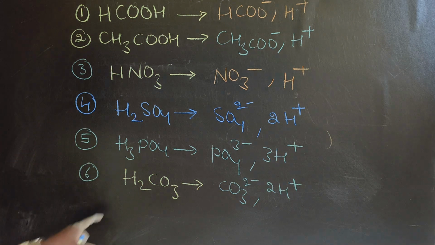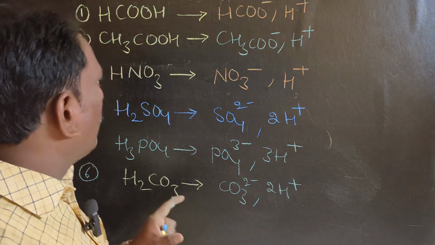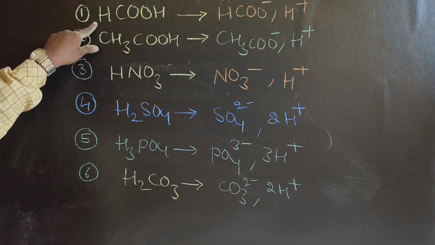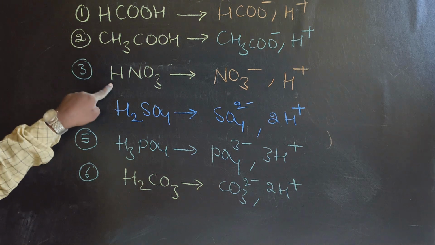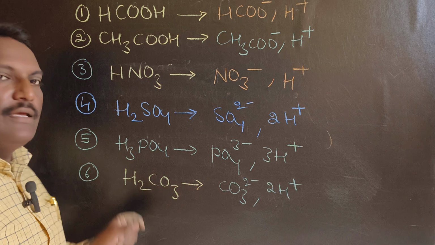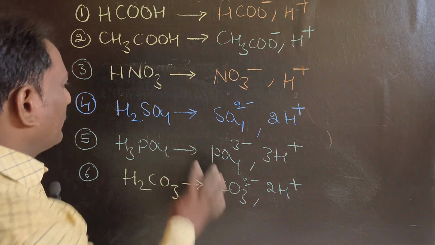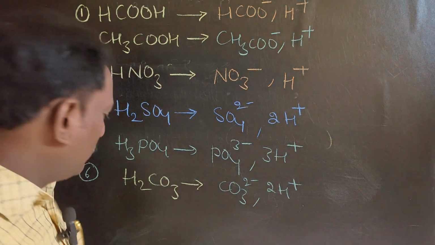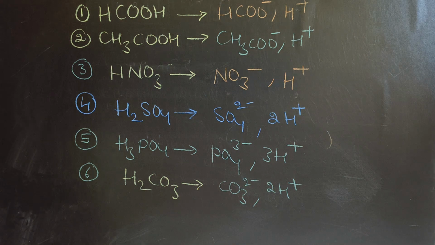So these are the very important examples of acid: formic acid, acetic acid, nitric acid, sulfuric acid, phosphoric acid, and carbonic acid. Please remember these are acids. Right.